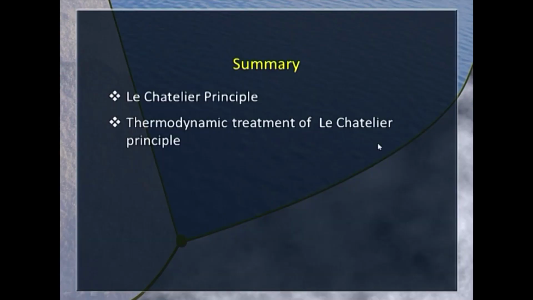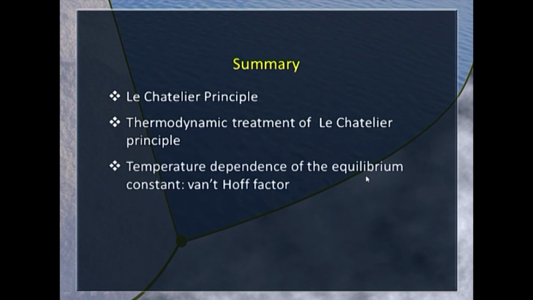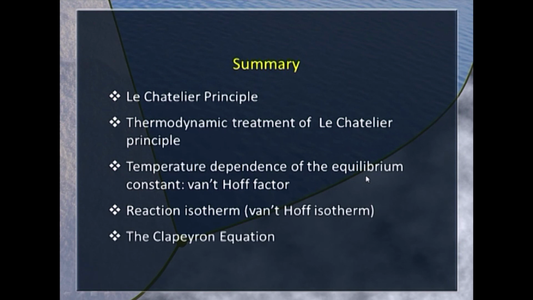This completes the topic, and in today's lecture we have discussed the Le Chatelier principle, the thermodynamic treatment to obtain it, how it can be governed, and the temperature dependence of equilibrium, that is the van 't Hoff equation, then the reaction isotherm and the Clapeyron equation and the various types of Clapeyron equation.